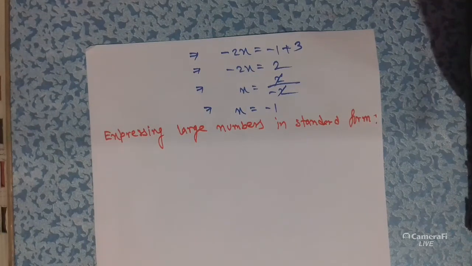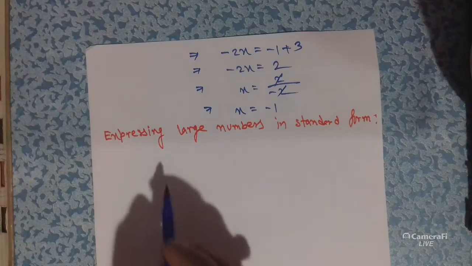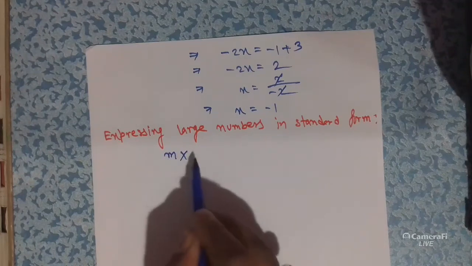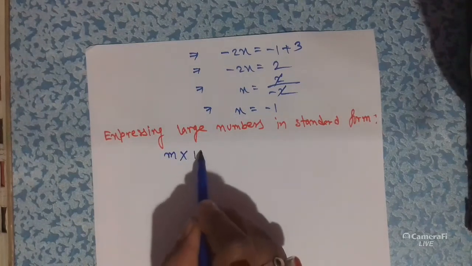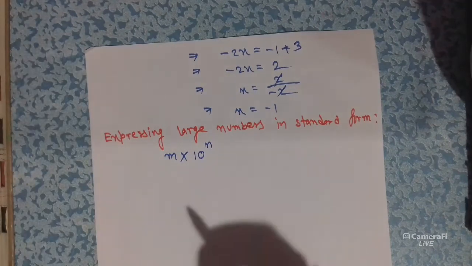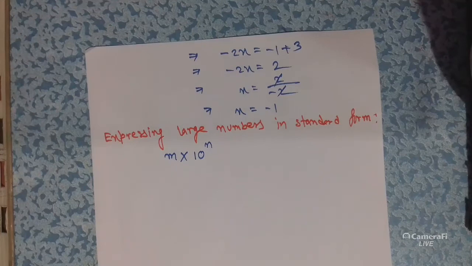A number is said to be in standard form if it can be written as m multiply 10 to the power n, where m is a real number and n is a positive integer.